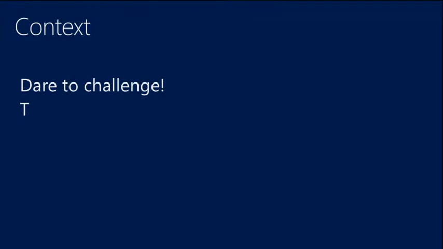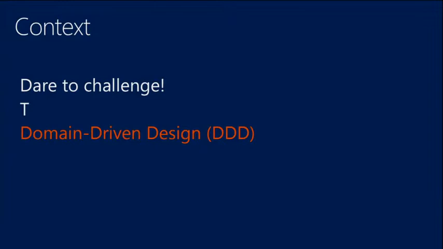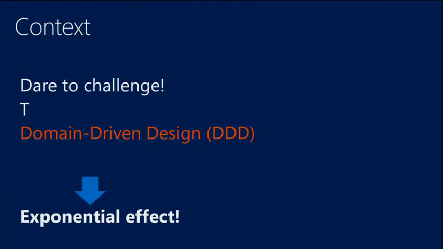We need both those perspectives, and both of those are close to or connected to domain-driven design, which is what this presentation will be mostly about, of course. Combining daring to challenge, the T model and domain-driven design, we are able to have what I call the exponential effect, making big leaps.